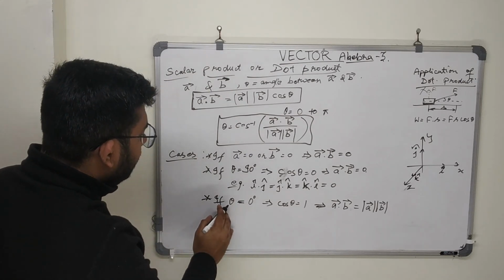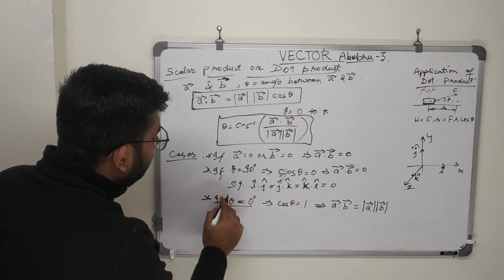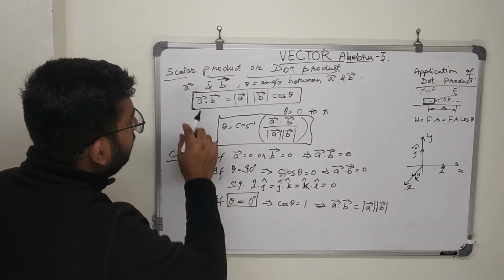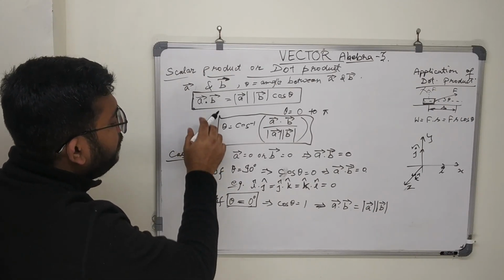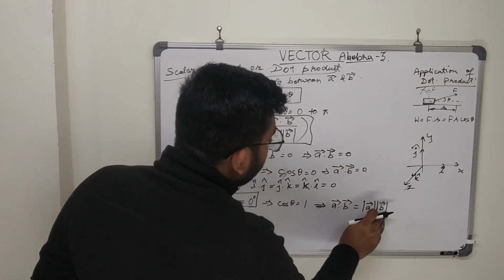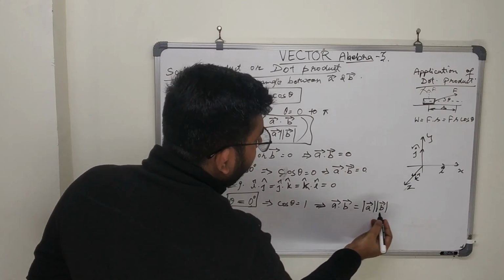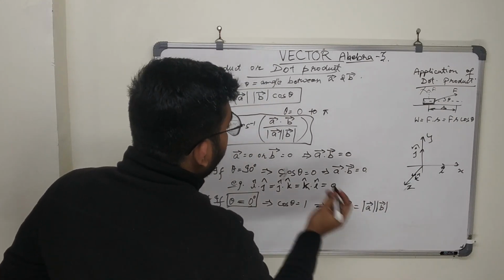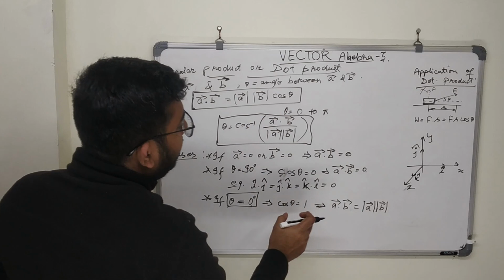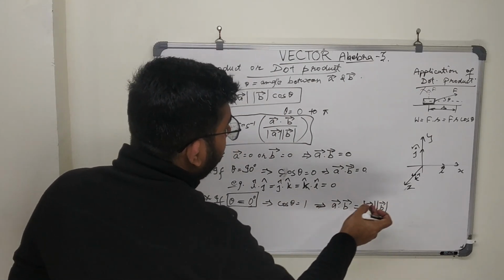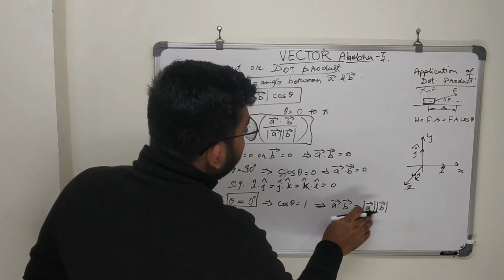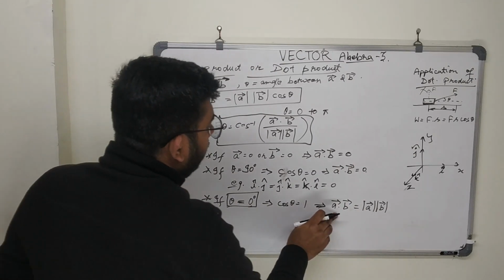So in this case where theta is equal to 0, the magnitude of A dot B will be the highest possible, that is magnitude of A into magnitude of B, because cos theta lies between -1 to 1. So this is the highest possible value of A dot B.